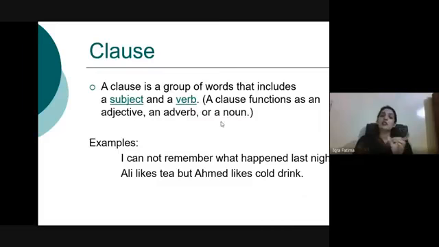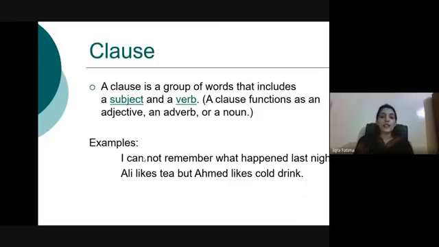Again, this clause could act as a single grammatical unit. It could be an adjective, an adverb, or a noun. A clause could be called the simplest type of sentence because it carries the subject and the verb.